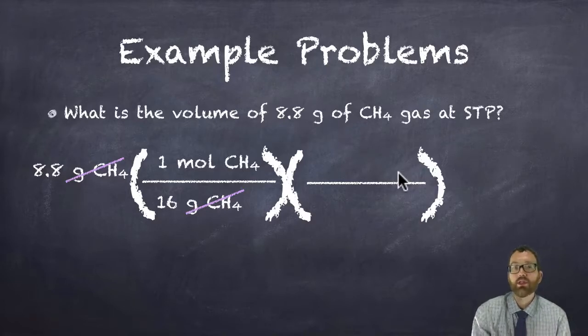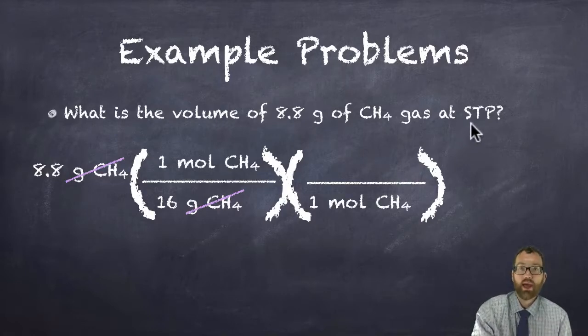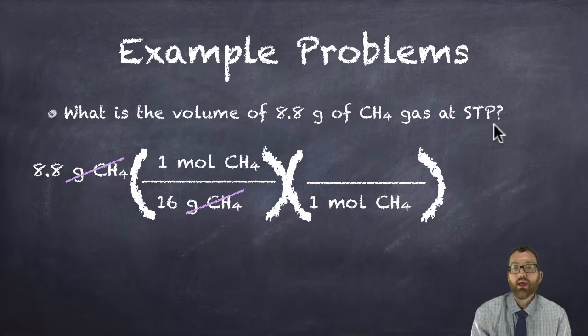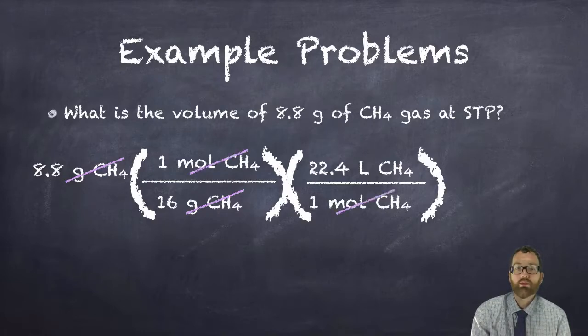In the last video, I showed you how to go from moles to volume. So 1 mole of CH4 gas, and it's a gas, and it's at STP, occupies 22.4 liters of space. That's the molar volume. So now moles of methane, or CH4, will cross off with moles of CH4. I'm left with liters of CH4, which is a unit of volume, so I know it's time to go into my calculator.